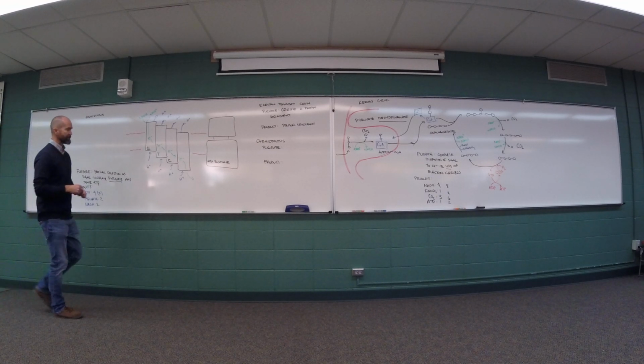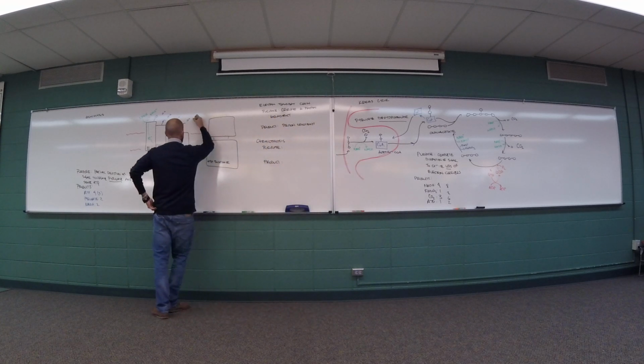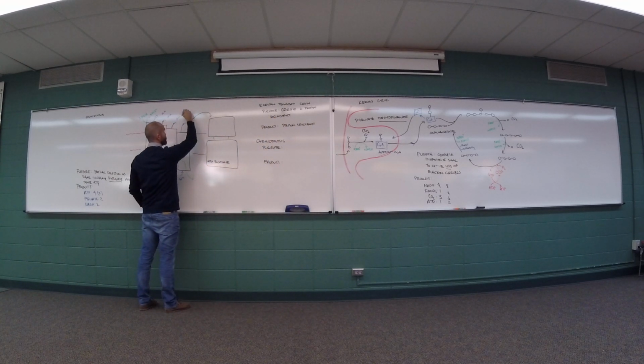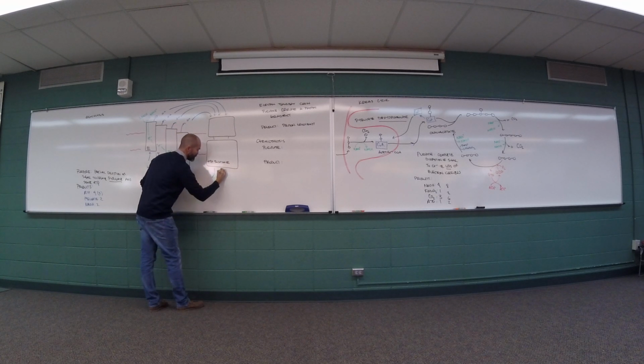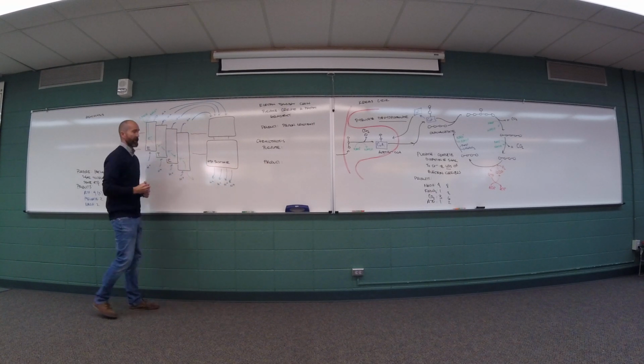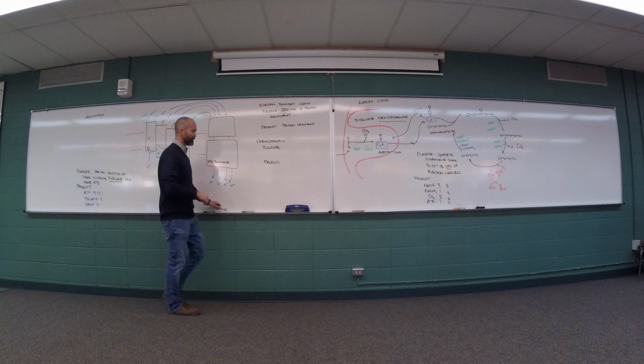Okay, now the way this happens is we take these protons and they just fall back through ATP synthase. And we know that every time a proton falls through ATP synthase, it spins.